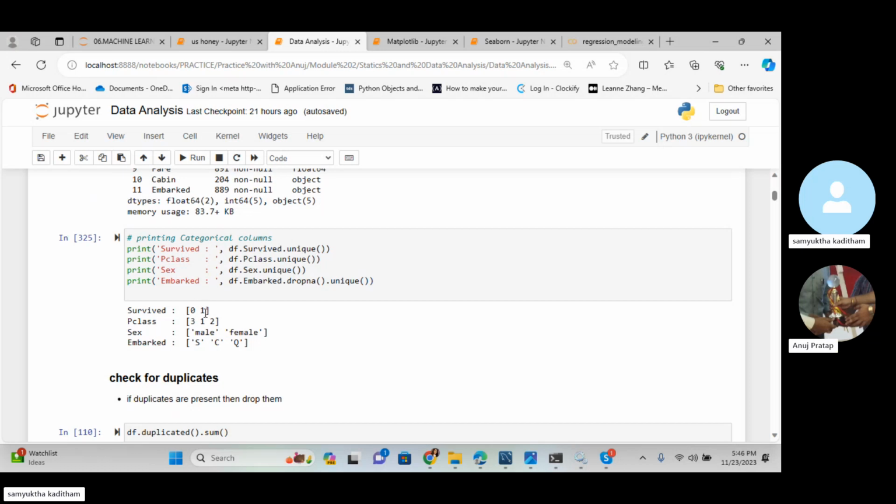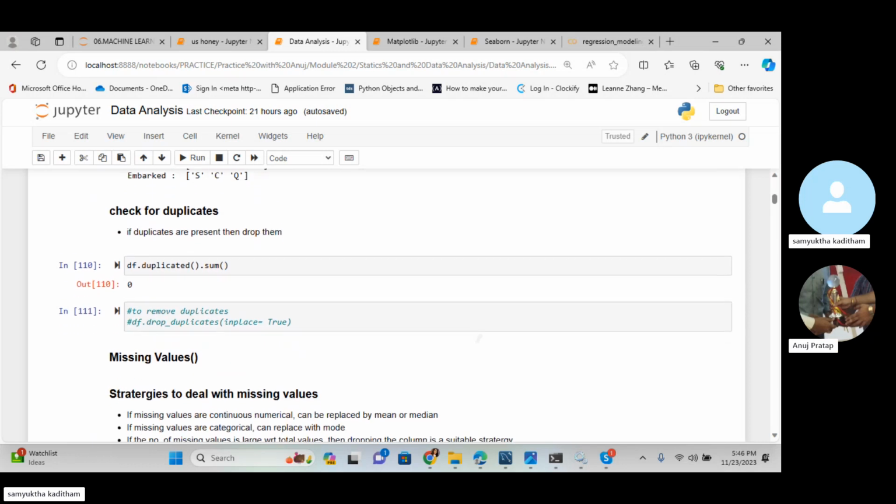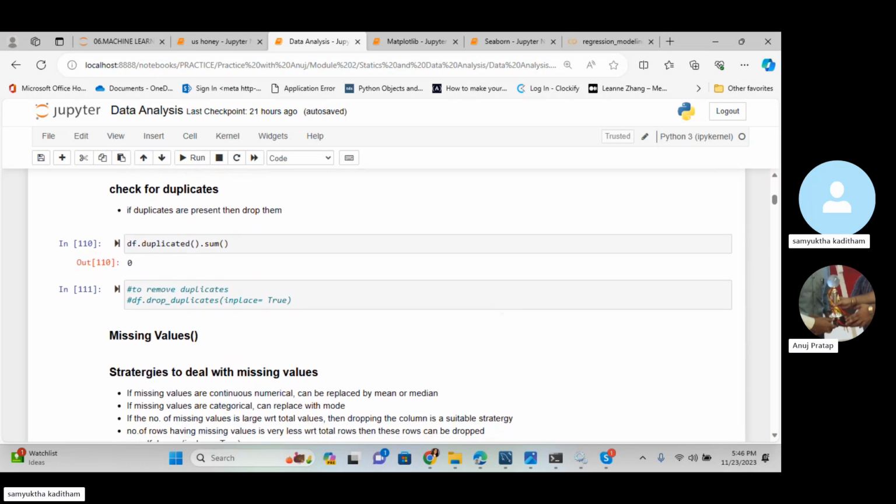Then Sex is gender, male, female. Embarked is a port. This is not clear, they just gave a single letter: S, C, Q. Three ports are there. So some people started their journey from S, some from C, and some from Q.